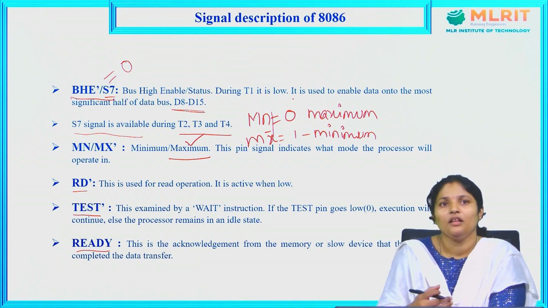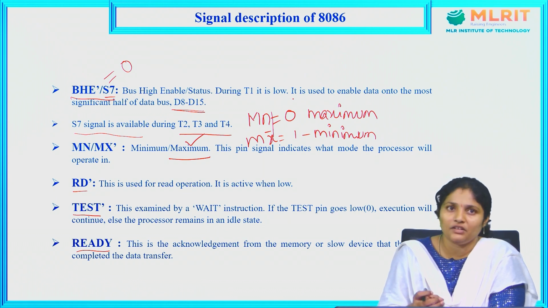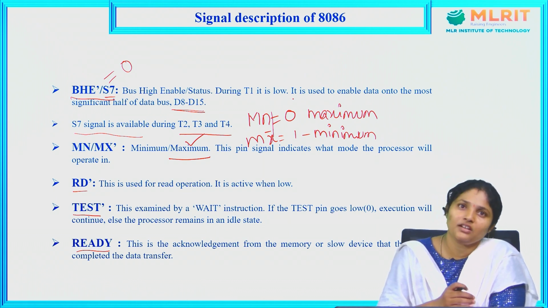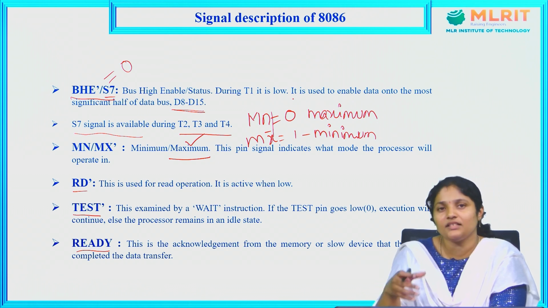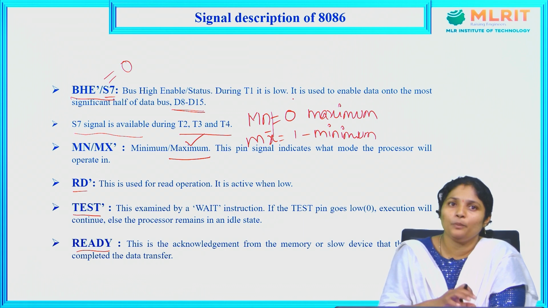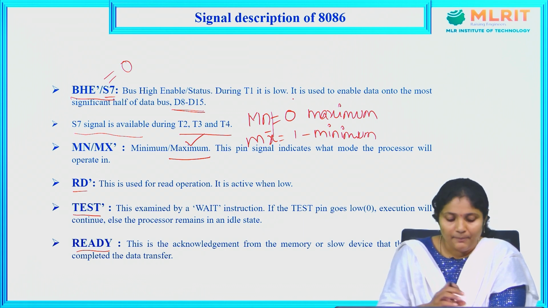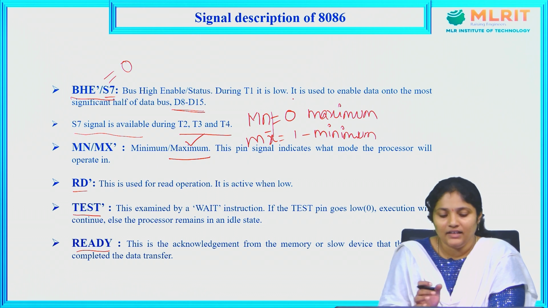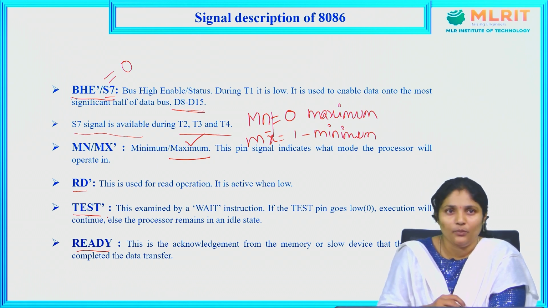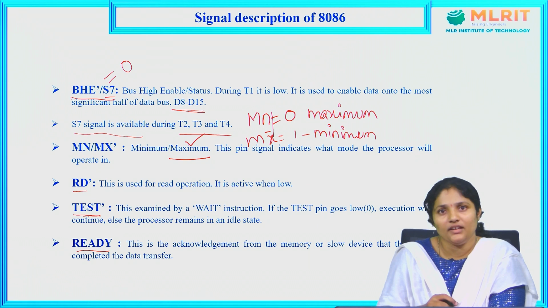The printer will not keep up, as the microprocessor speed does not match the printer. A printer needs some time to print 100 papers. Until then the microprocessor needs to be in the wait state until the peripheral device has completed its operation. Test bar is examined by the wait instruction.